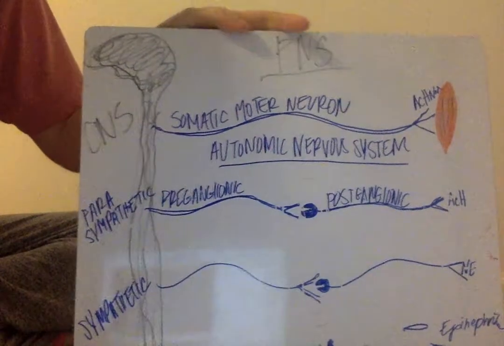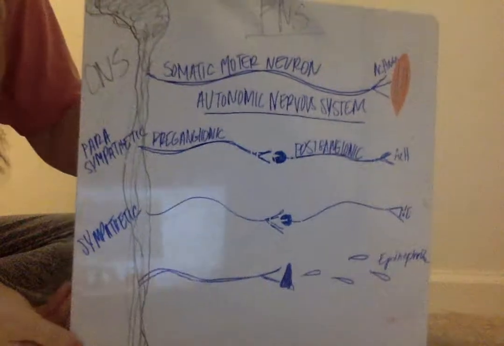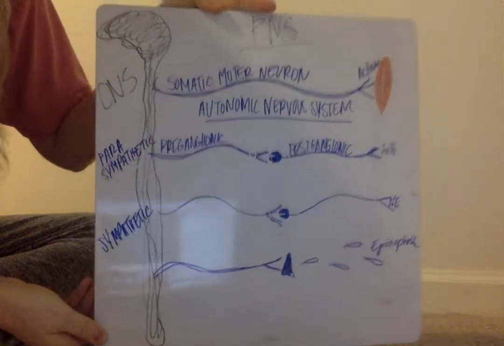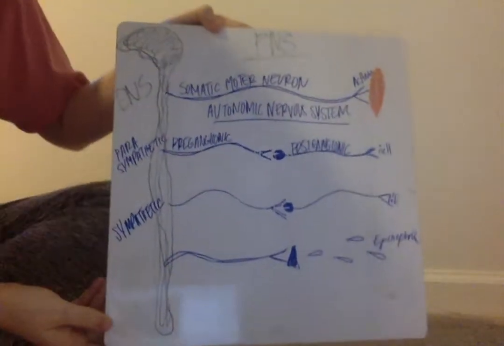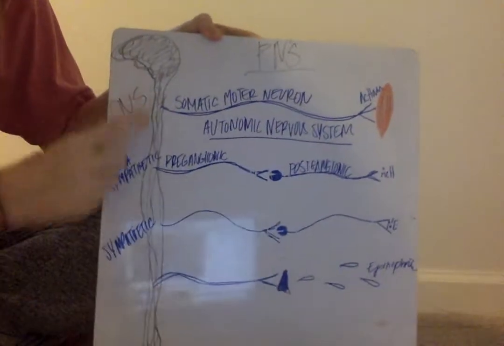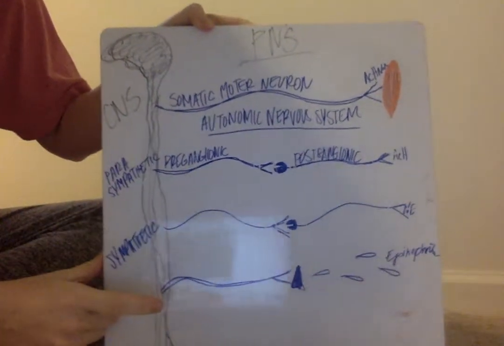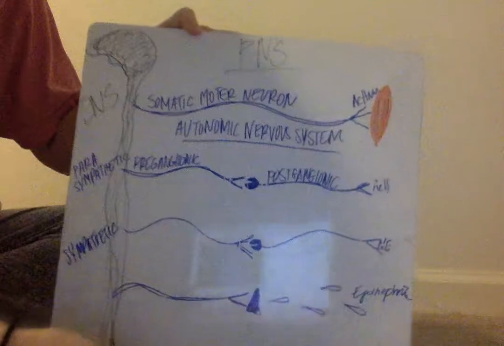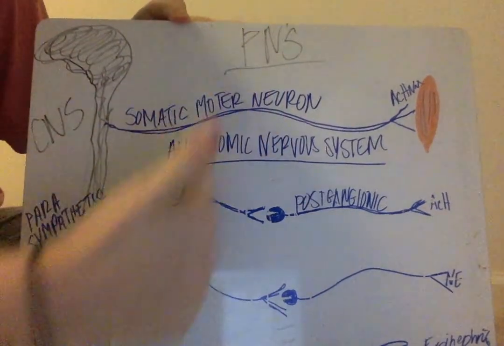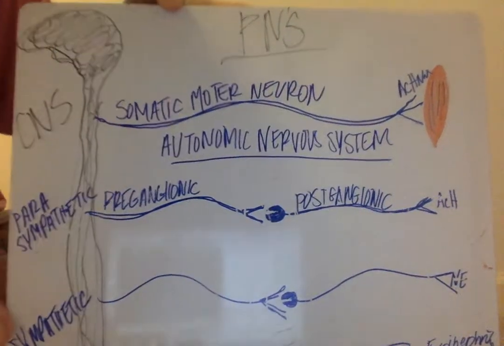Now, where can you do that? This is my beautiful drawing of the nervous system. It's all represented here. You have your brain and your spinal cord, your central nervous system, and then you have your different types of neurons. All of this represents the peripheral nervous system.